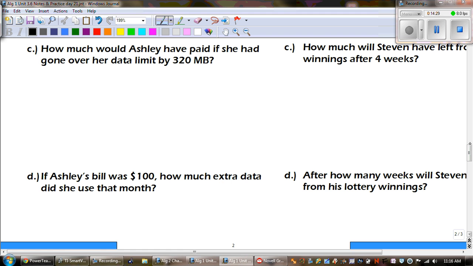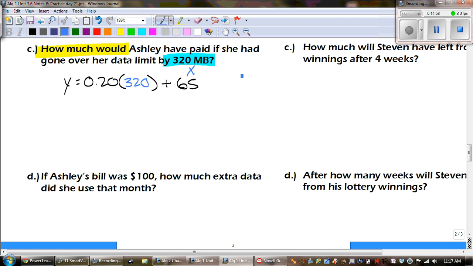All right, C. How much would Ashley have to pay if she had gone over her data by 320 megabytes? We said that the megabytes were the X, and how much, that's our Y. So all we would do is plug in 320 for X. So 0.20 times X plus 65.